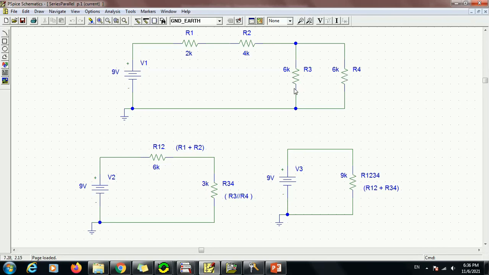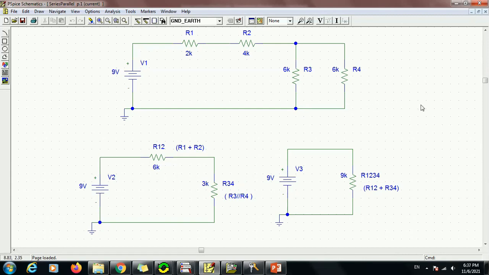To simplify this circuit, we go to this step here where we can add R1 and R2 since they are in series, and we call this R12, which is the sum of R1 plus R2, 2 kilo ohms plus 4 kilo ohms. This is 6 kilo ohms. And these two resistors are connected in parallel. By the way, we have chosen them to be equal, so the result of these two resistors in parallel would be 3 kilo ohms if we apply the rule that we have: 1 over R total equals 1 over R1 plus 1 over R2.